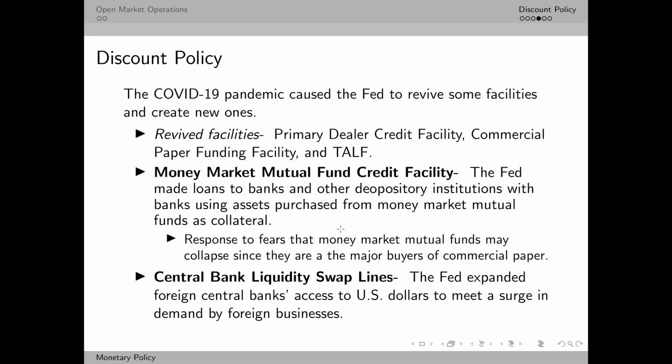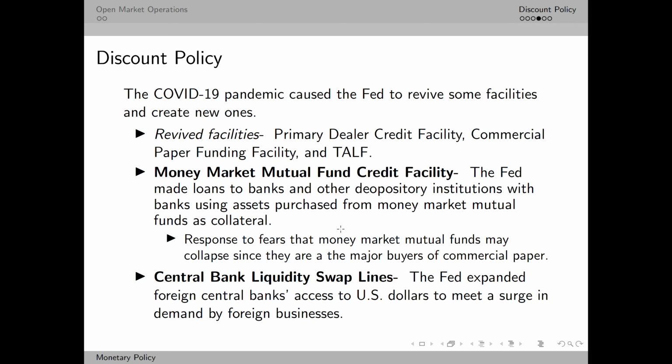They created the Money Market Mutual Fund Credit Facility, where the Fed made loans to banks and other depository institutions, with banks using assets purchased from money market mutual funds as collateral. And this is the important part: the assets that they purchased stimulated activity with money market mutual funds.